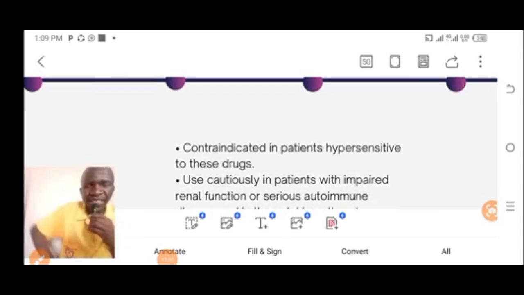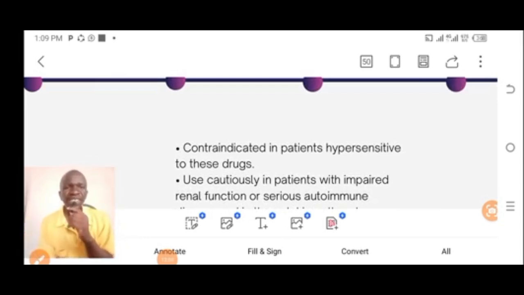So each time we are writing contraindications, the first thing that you should write is contraindicated in hypersensitivity. Every drug is contraindicated in people that are hypersensitive to that particular drug. Because the first thing that you ask a patient is, is there any drug that causes you to have some reactions?